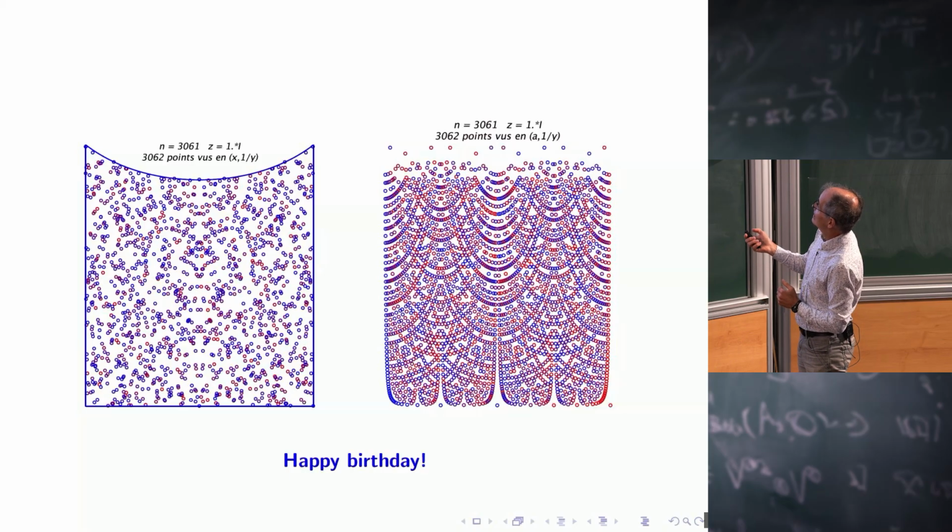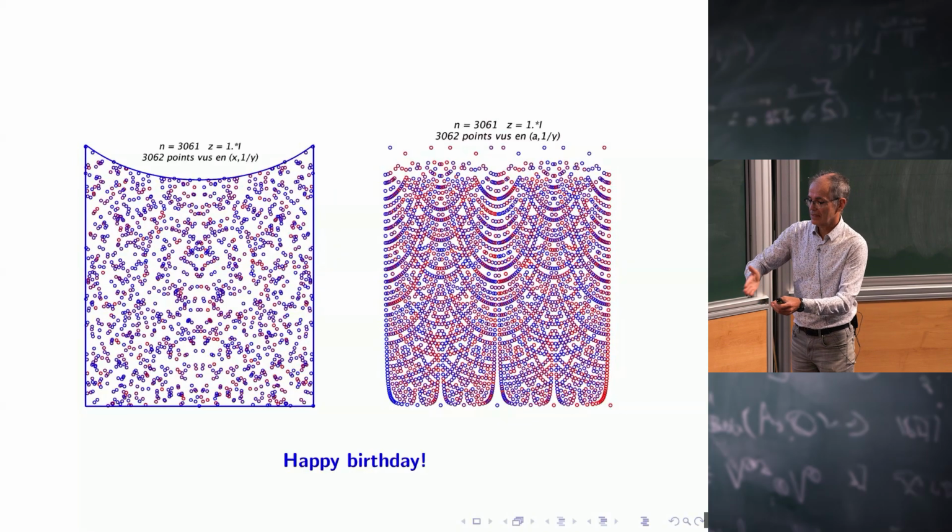You see they equidistribute according to the Lebesgue measure. What are the red and the blue? It's not so important, but I gave this lattice as a list.